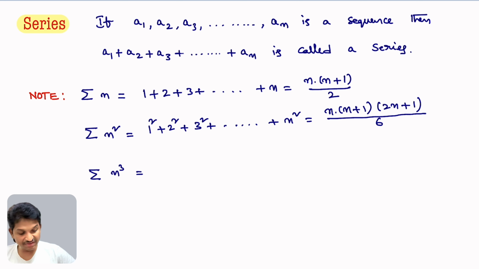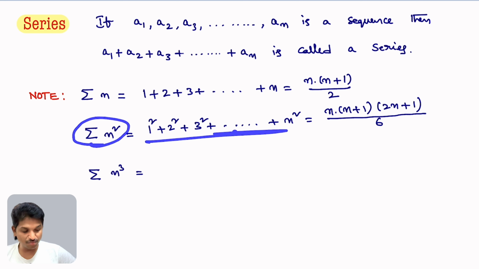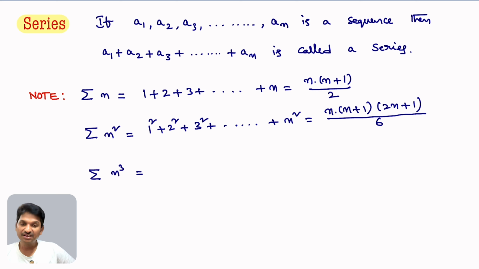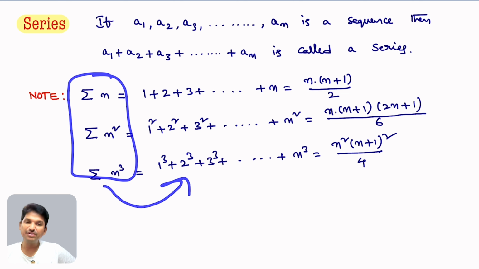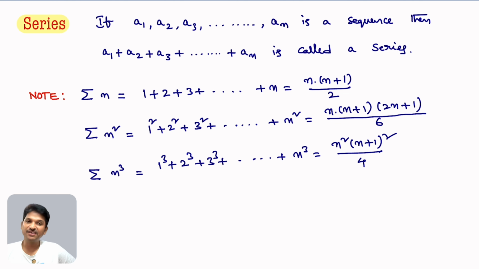Sigma n cube is the sum of cubes of the first n natural numbers: 1 cube plus 2 cube plus 3 cube and so on plus n cube. We have a formula for this, right? n square into n plus 1 whole square divided by 4. You need to know these formulas, which we use very frequently while solving problems in JEE, right?